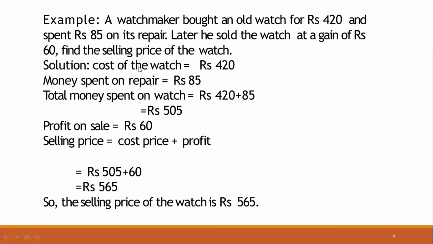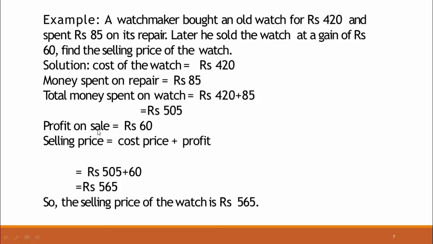For the solution, first of all, point out the cost price. The cost price of the watch is 420, money spent on the repair is 85. So the total cost is 420 plus 85, which is equal to 505.